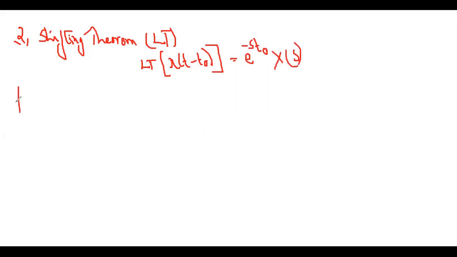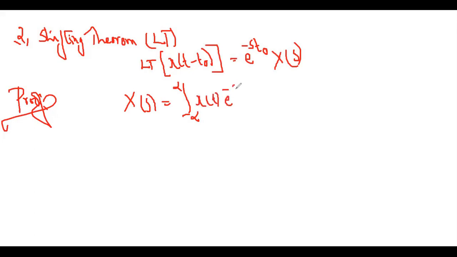Now you can see the proof. According to the definition of Laplace transformation, x of s is equal to the integral from minus infinity to infinity of x of t e power minus s t dt. What is the x of t given here? That is x of t minus t naught: integral minus infinity to infinity of x of t minus t naught e power minus s t dt.